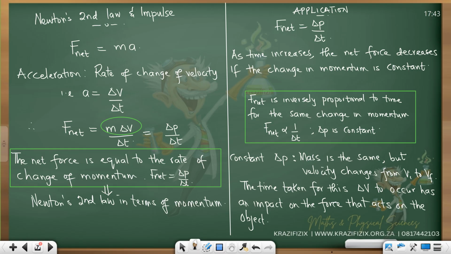The time taken for this change in velocity to occur has a great impact on the force that acts on the object.